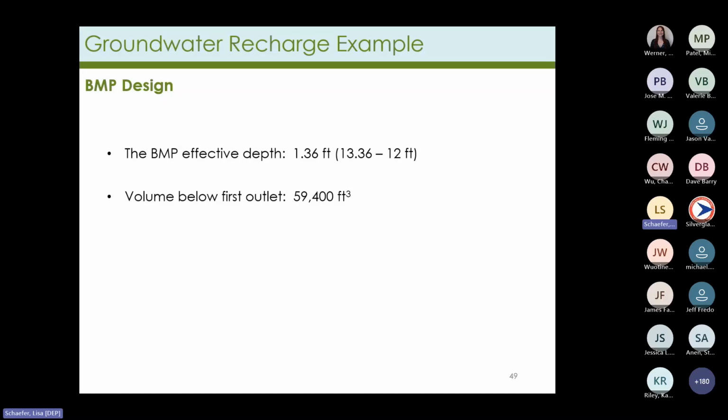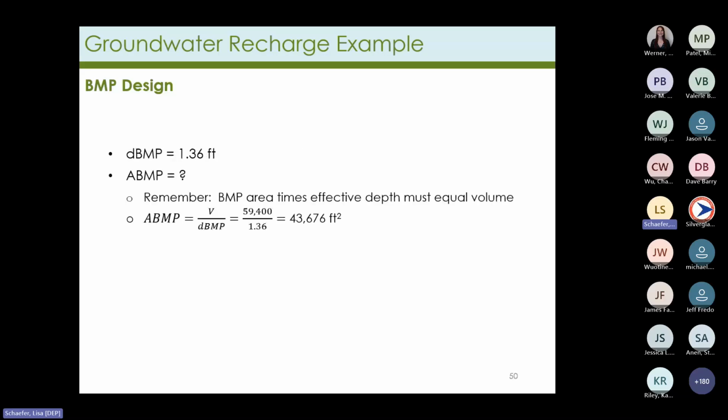So we can use this volume to calculate ABMP, which is the BMP infiltration area. We know the effective depth is 1.36 feet. The equation for volume of a BMP is the BMP area multiplied by the effective depth. Solving for area, that is volume divided by effective depth, gives us ABMP equal to 43,676 square feet.